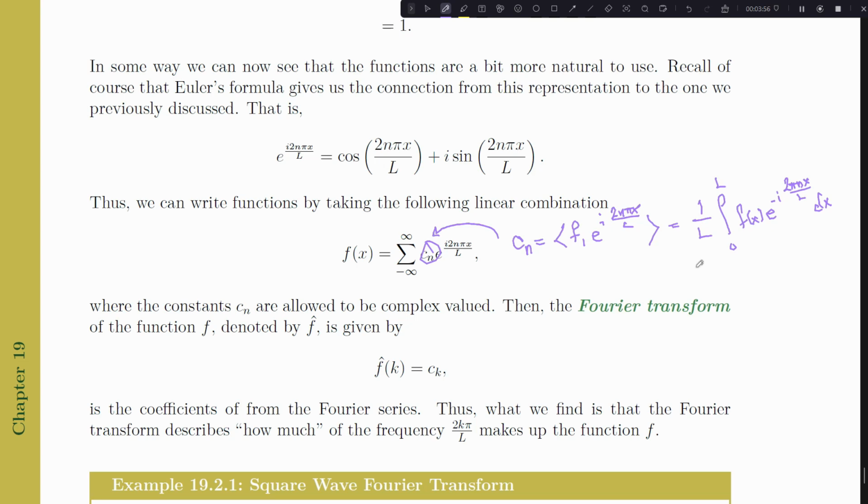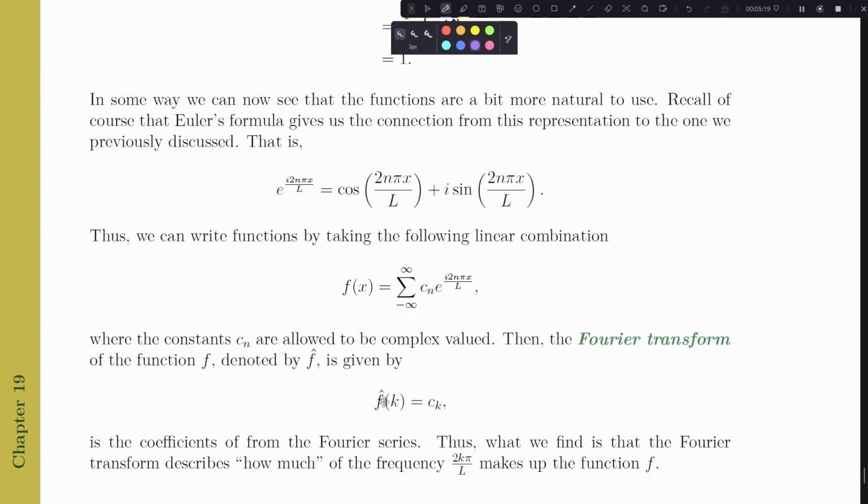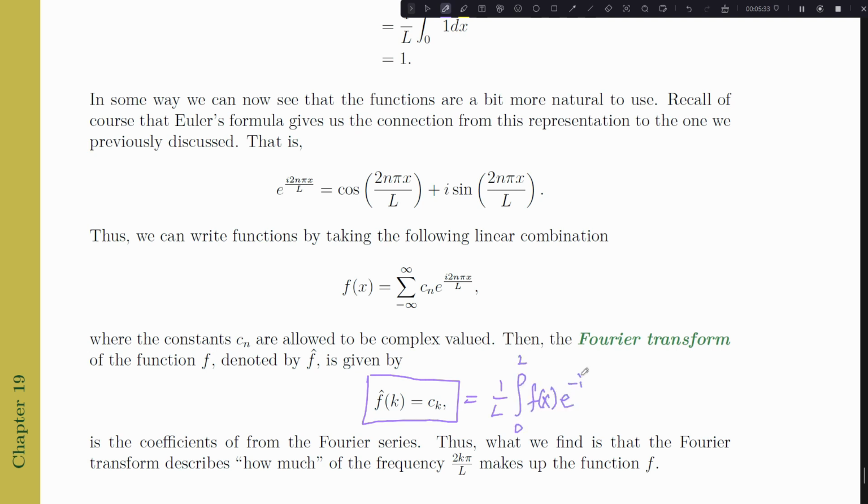So that's going to be the Fourier series if you decide to write it with complex exponentials instead of cosines and sines. We call the c sub k's, which I just stopped writing, but of course that's this, 0 to L, f of x, e to the minus I 2 pi k x over L dx.